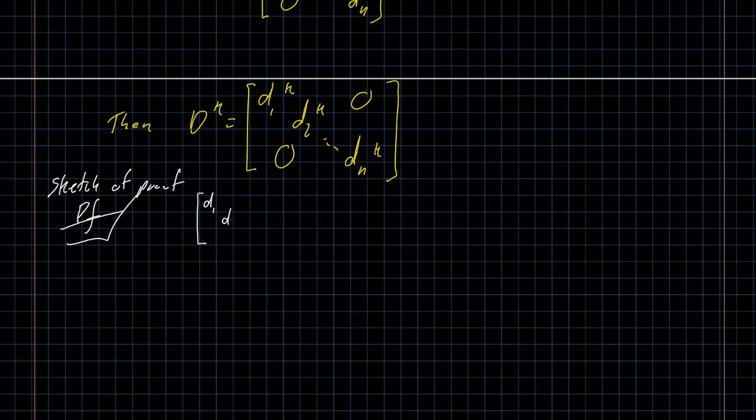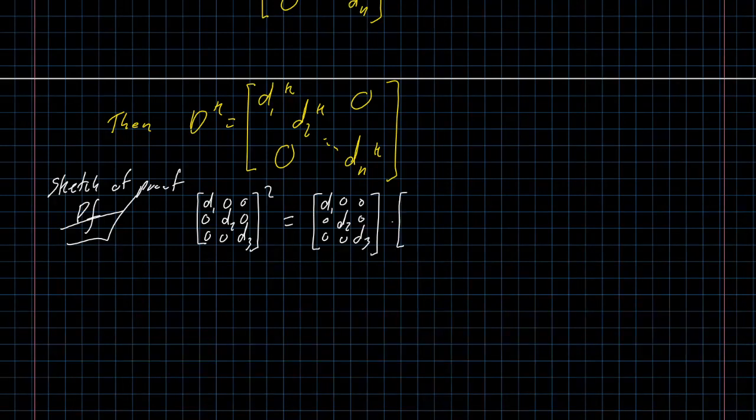So D1, D2, D3, and zeros everywhere else. I'm going to square it. That means I'm going to take D1 and multiply it by itself.